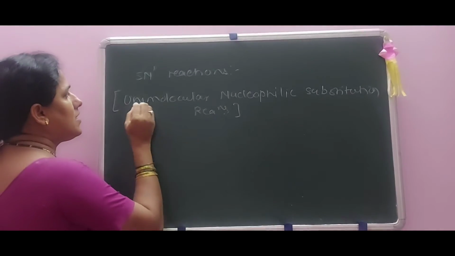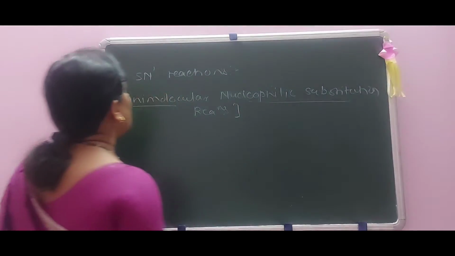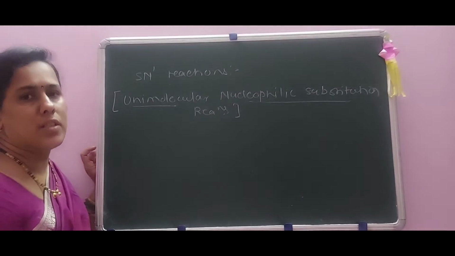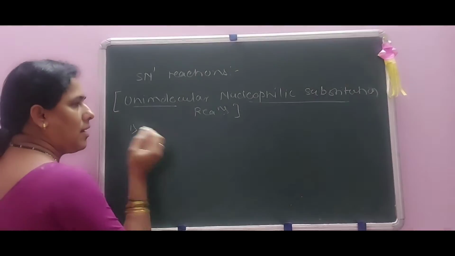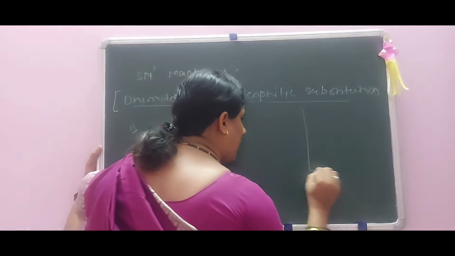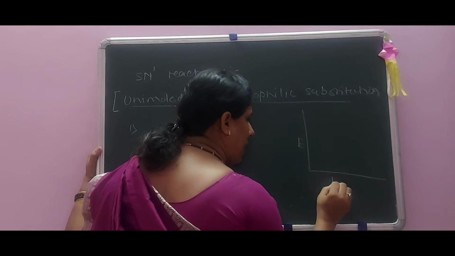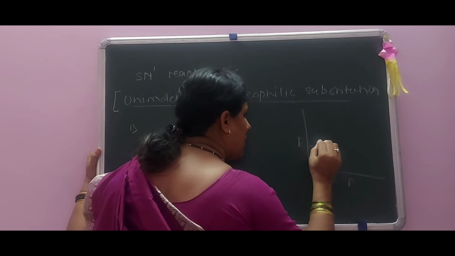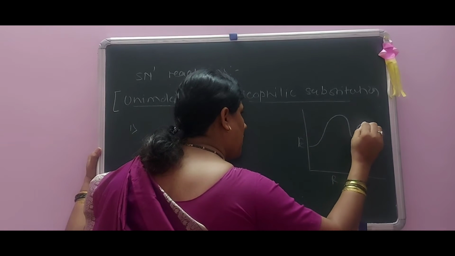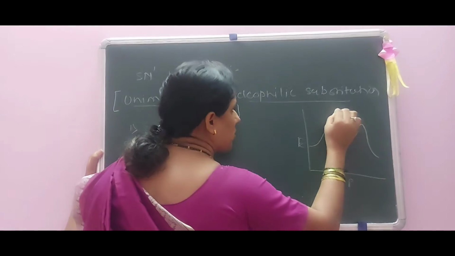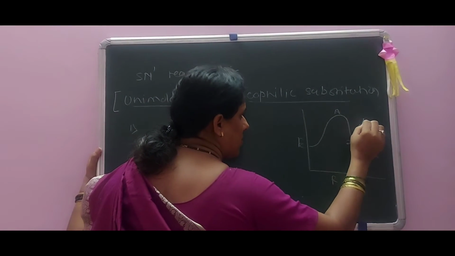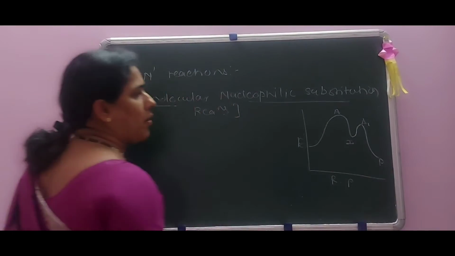As far as this SN1 reaction, the unimolecular nucleophilic substitution reaction, first consider its graphical representation, that is energy versus reaction progress. This is the path, this is the activated complex, this is the intermediate, this is activation state 2, and here the products are.